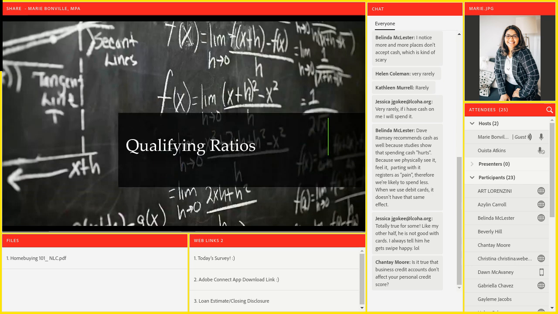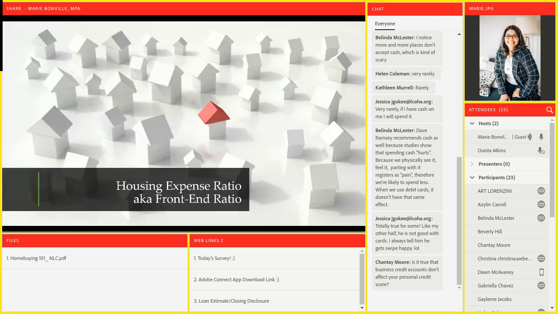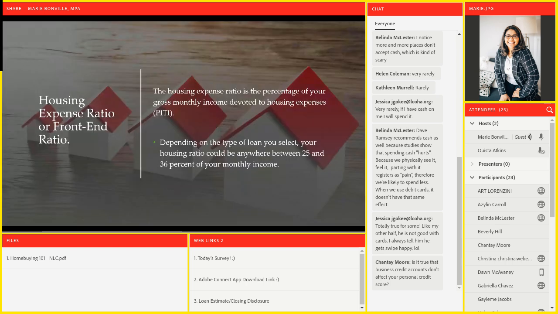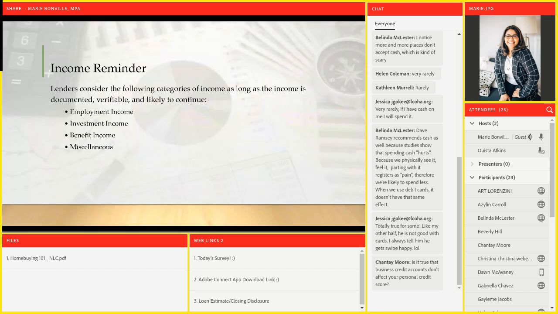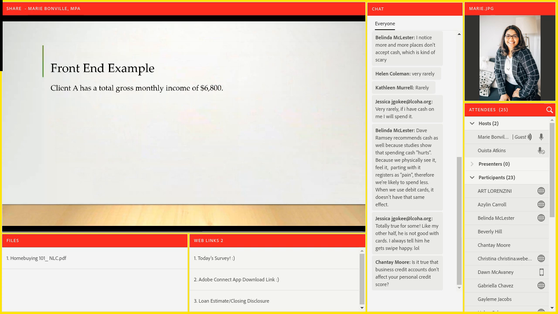Lenders use what's called qualifying ratios to determine whether or not you can qualify for a home loan. Housing expense ratio is the first one. It simply means, when I purchase this home, each month I have a payment. How much of that payment should be dedicated to the house itself? So let's look at the front end.